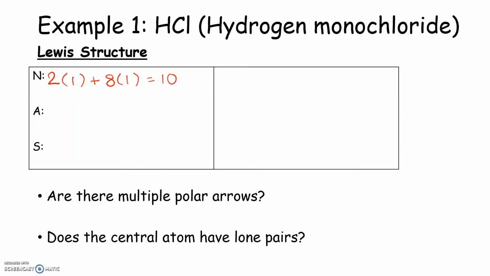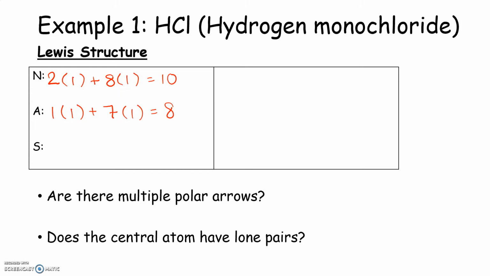But available is the number of valence electrons, so I'm going to look on the periodic table. Hydrogen is in group 1A, so I have 1 valence electron and 1 hydrogen. Chlorine is in group 7A, which means I have 7 valence electrons and 1 chlorine. So 1 plus 7 gives me 8 available electrons.